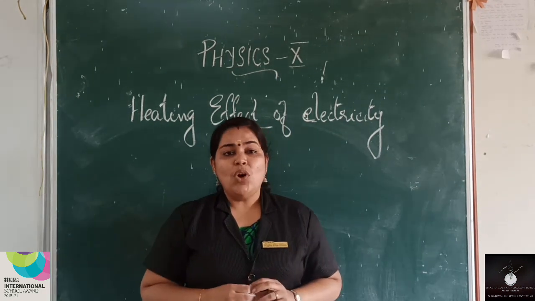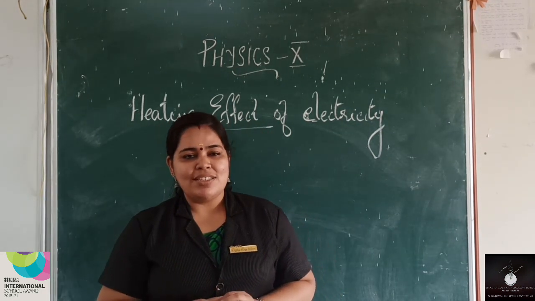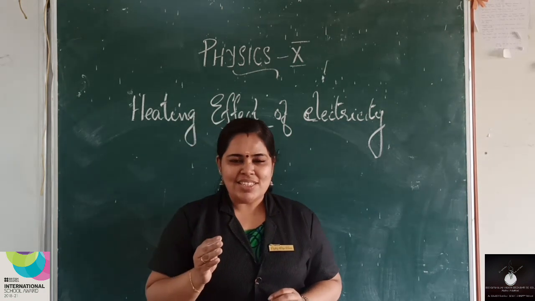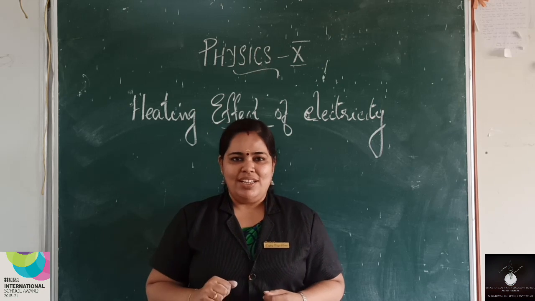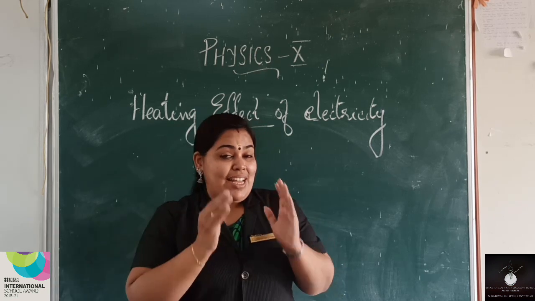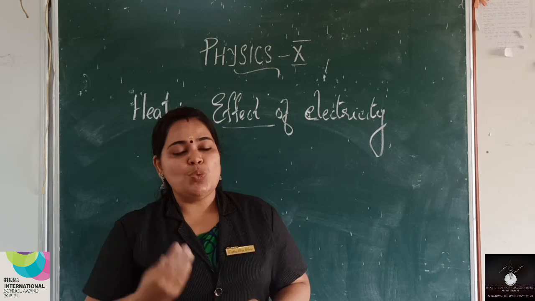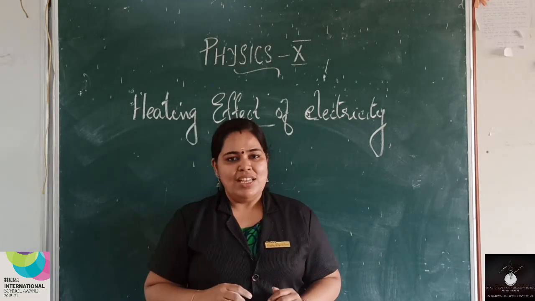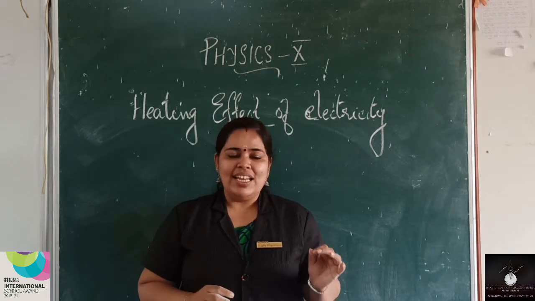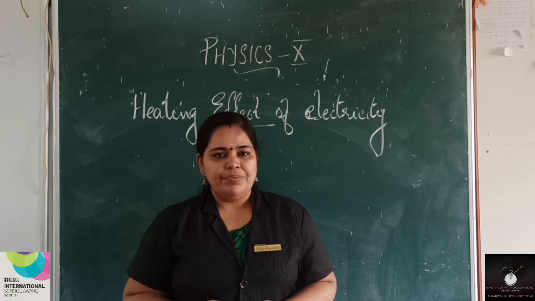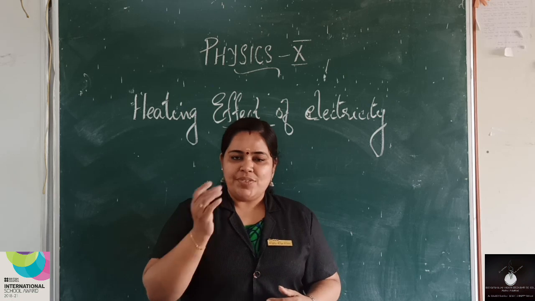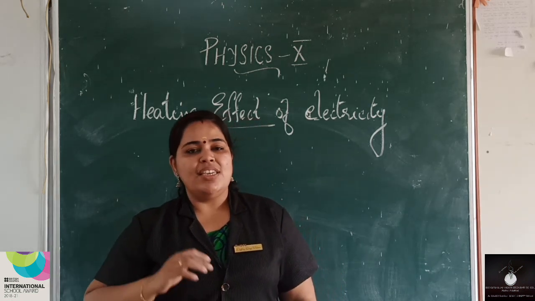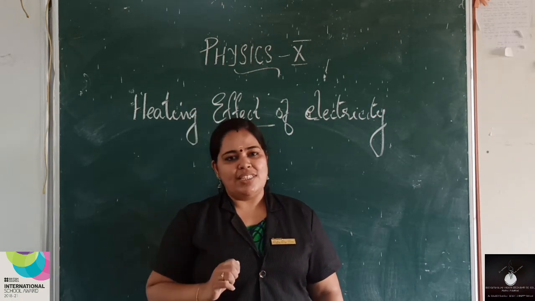Can you tell me what are electric heating appliances? These are devices which make use of the heating effect of electric current. Such devices are known as electric heating appliances. In these devices, electrical energy is converted into heat energy.